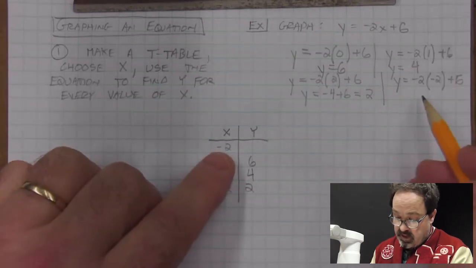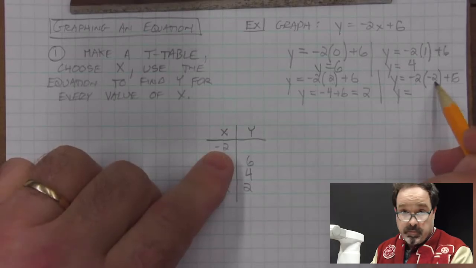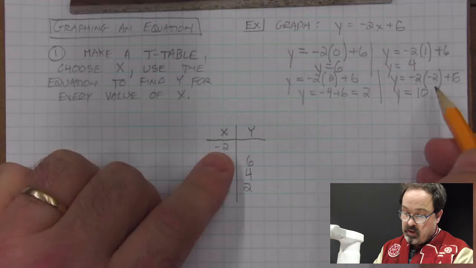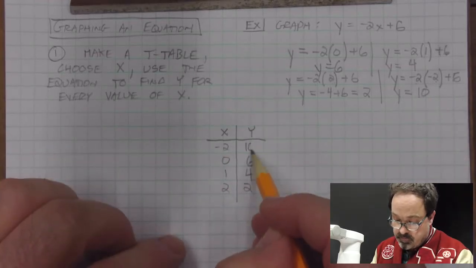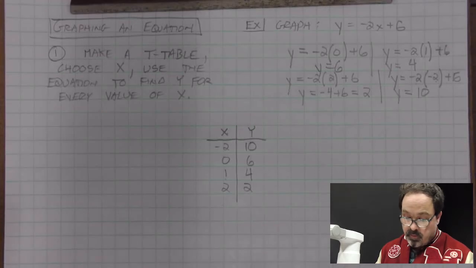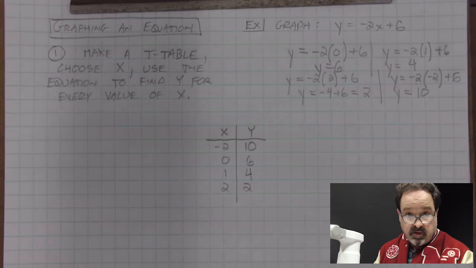When I substitute negative 2 in for x, y is negative 2 times negative 2, which is positive 4, and positive 4 plus 6 makes 10. So I'll put that y value 10 into my t-table. That was quite a lot of work, but what I have is points that are organized in my t-table.